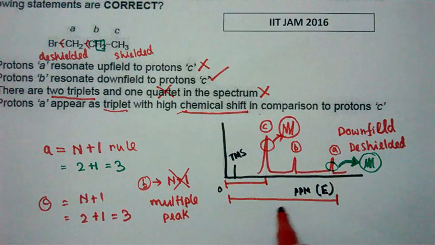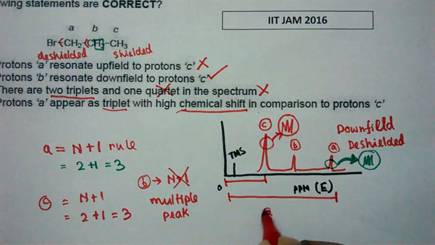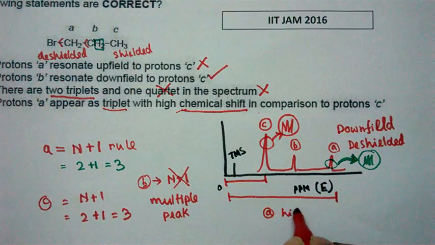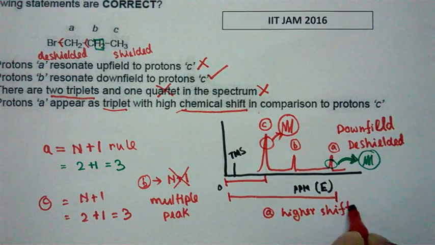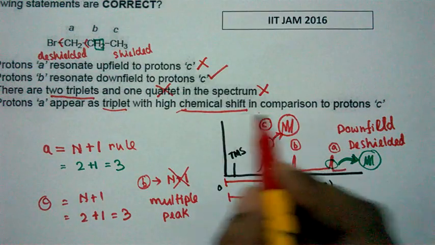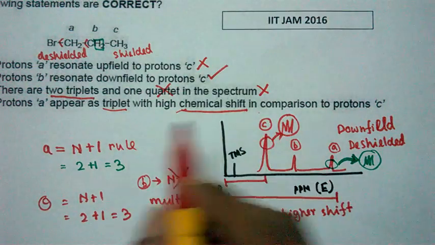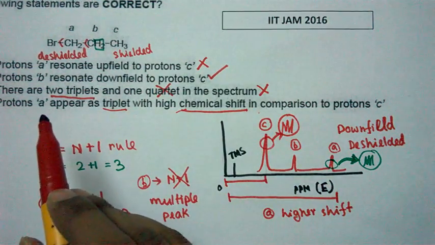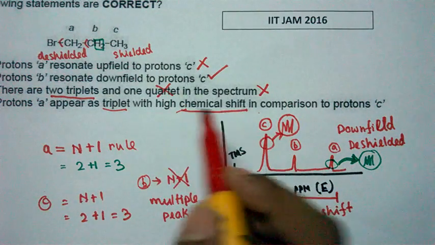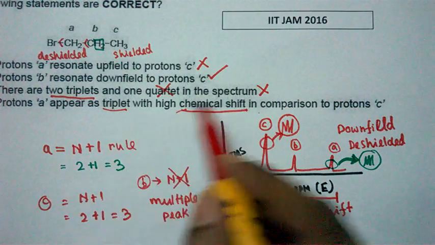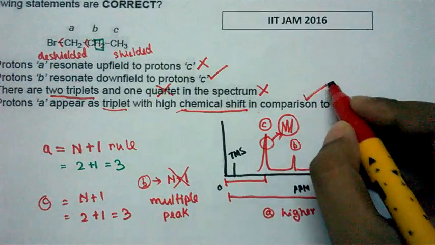So proton A has higher chemical shift, and both proton peaks corresponding to proton A and proton C split into triplets due to spin-spin interaction. That is why this option is correct.